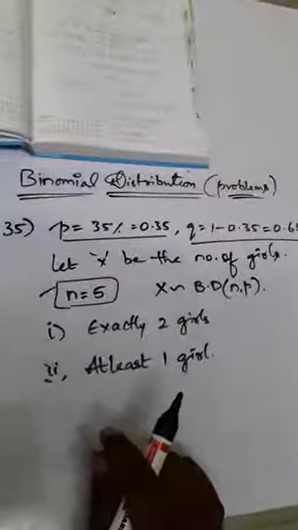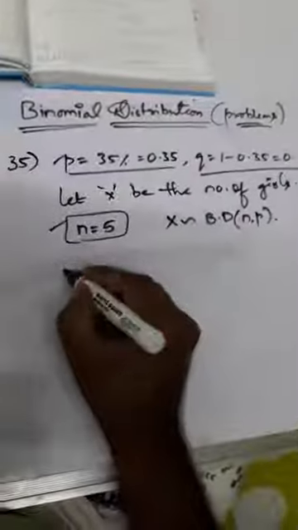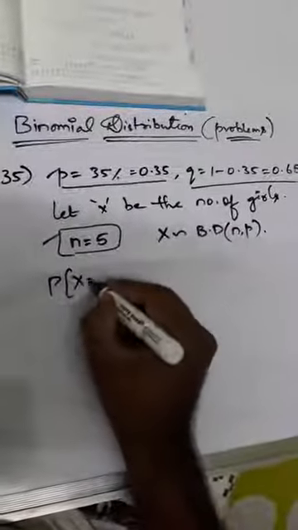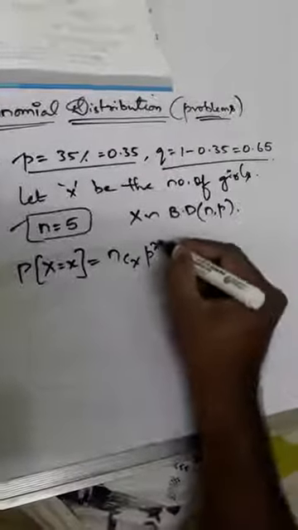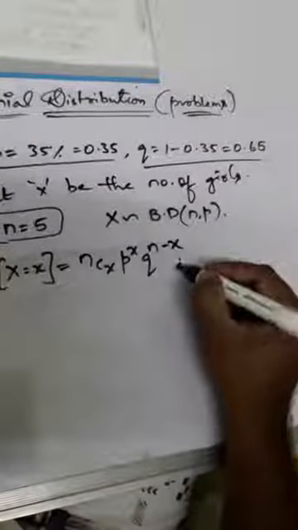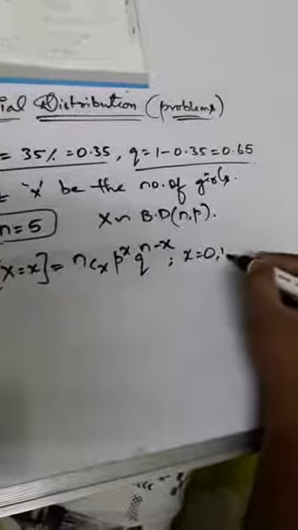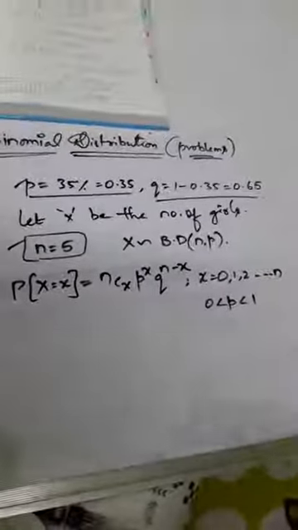So for the binomial distribution, we need to take the PMF first: P(X = x) = nCx p^x q^(n-x), where x takes the values 0, 1, 2 and so on up to n, and p lies between 0 and 1.